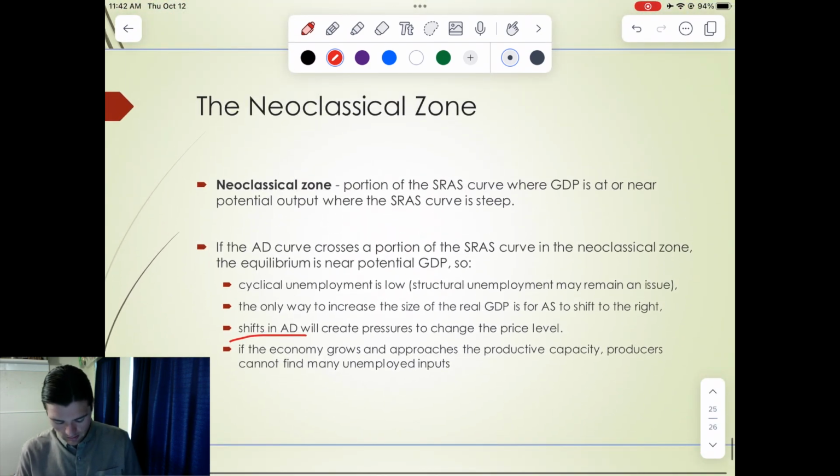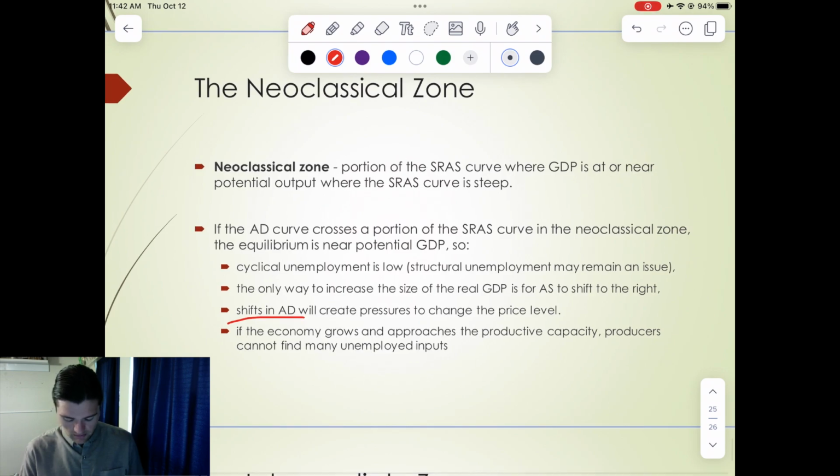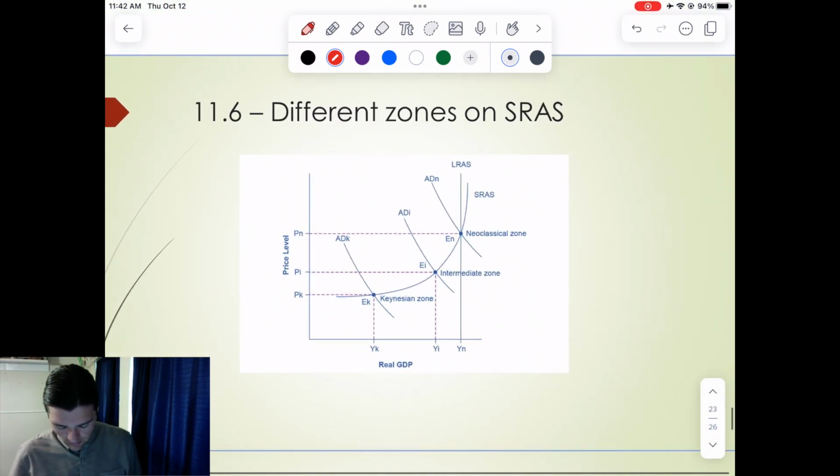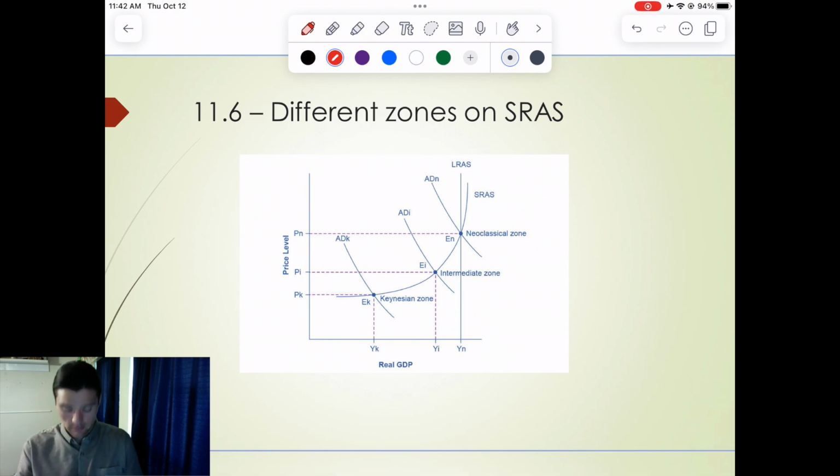Okay. If the economy grows and approaches the productive capacity, producers cannot find any unemployed inputs. Basically, you are running out of oil to make more stuff. You're at your productive capabilities. Okay. So the neoclassical zone is this vertical part, right, where you are at your productive capabilities.